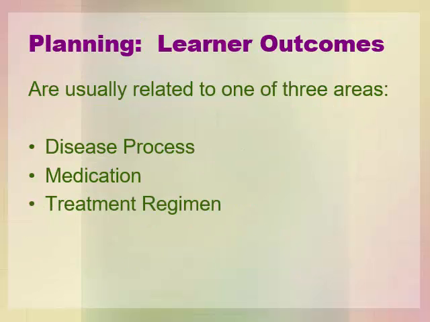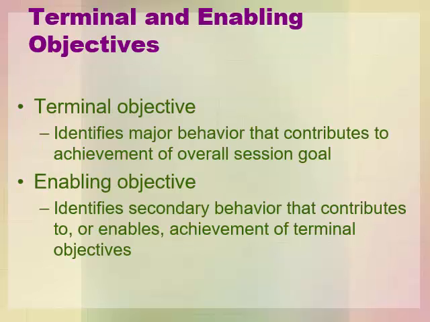So, when we're planning learner outcomes when it comes to patient teaching, your outcomes usually fall in one of three areas: information about the disease process, learning about medication, or learning about the treatment regimen. So what are terminal objectives and enabling objectives?